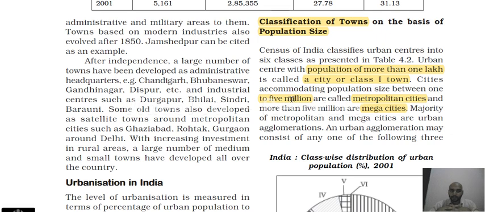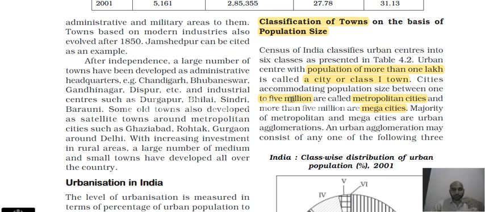Means if the population of any city is between 10 lakh and 50 lakh, then we will call that city a metropolitan city. Then what is a mega city? Mega city means when the population of that area is more than 50 lakh or 5 million. If the population is more than that, that is called a mega city.